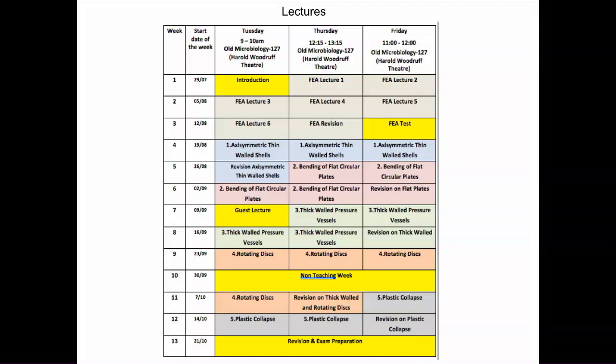Your tutorials and workshops, please take note, I'll show you later on, they don't come on too much later, especially the tutorials. In the FEA lectures, weeks 1, 2, and 3, we'll complete all the finite element analysis lectures, and your workshops also start next week, so you do the 2 together. They're designed in this way.